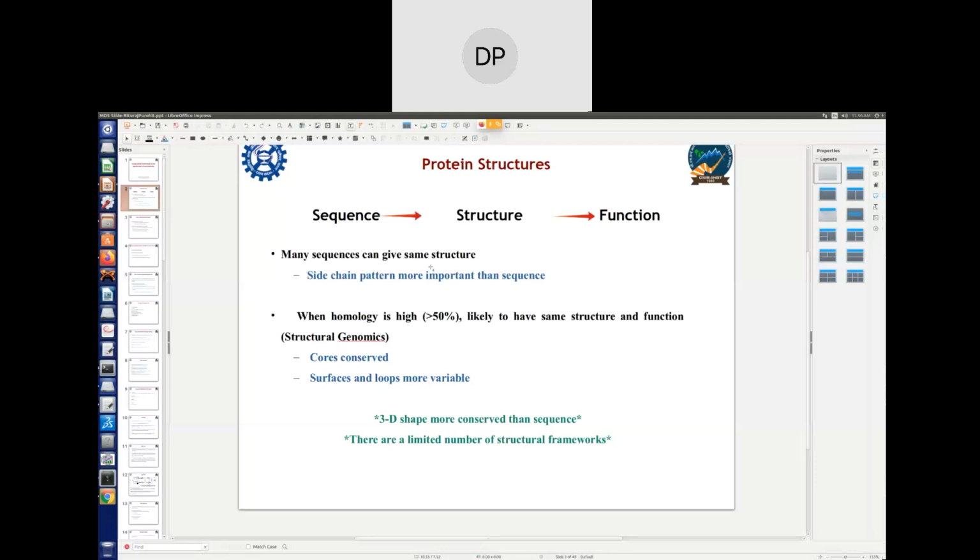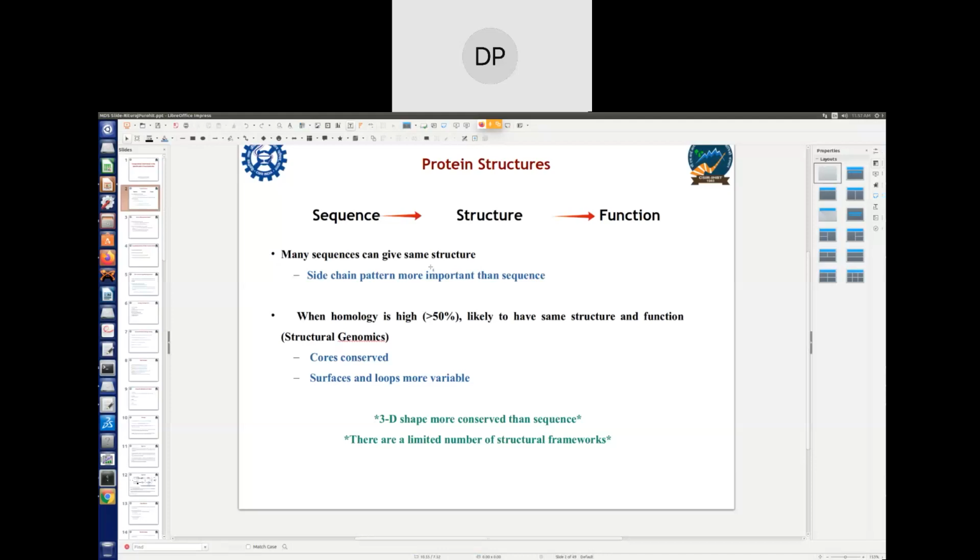When we see the homology is more than 50%, it is a notion that if you have homology of 50% or more, then you will get a similar kind of structure and function. But there may be contradictions here also.